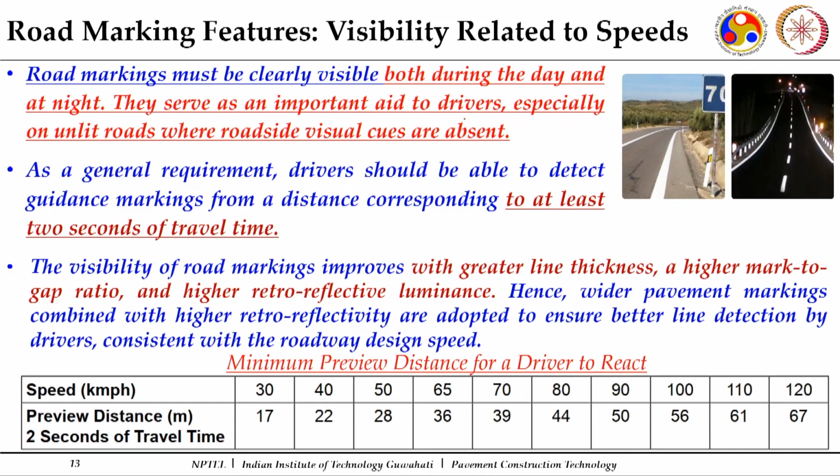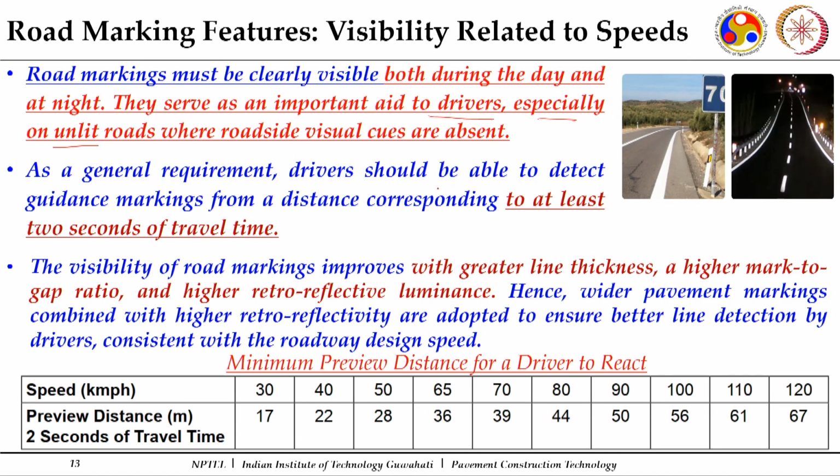This serves as an important aid to drivers, specifically on unlit roads. On night time unlit roads, where road visual cues are absent, you do not have those side cues available with you. So, that is the most challenging part. In this particular case, the road markings are the ones which give you good guidance.